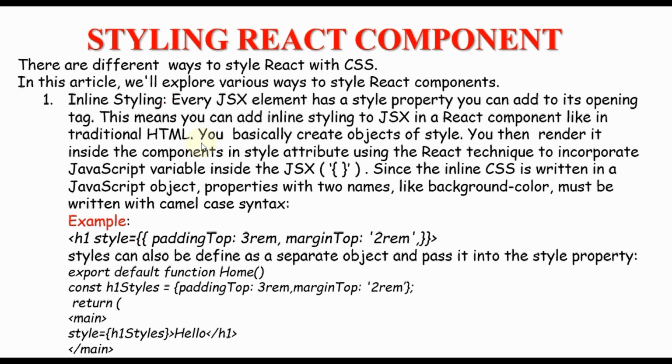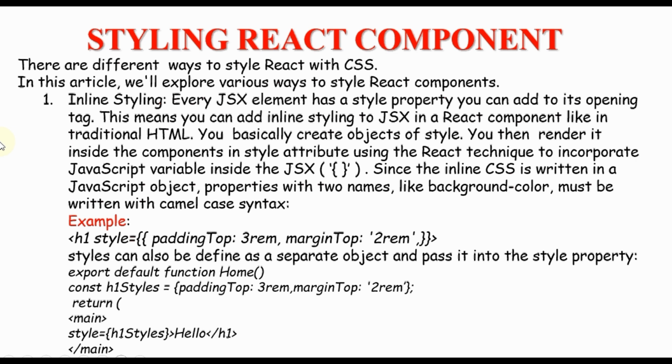So you basically create an object of style, an object that has all your styles. You then render it inside the component in the style attribute, using the React technique to incorporate a JavaScript variable inside the JSX. We all know that whenever you want to incorporate JavaScript in your JSX, you use curly braces, right?